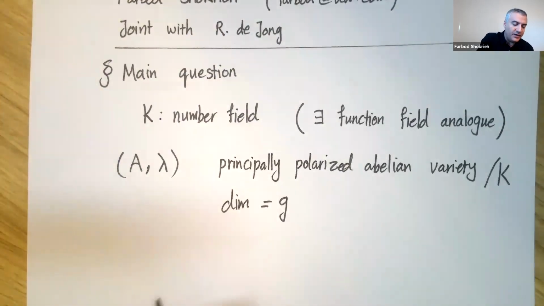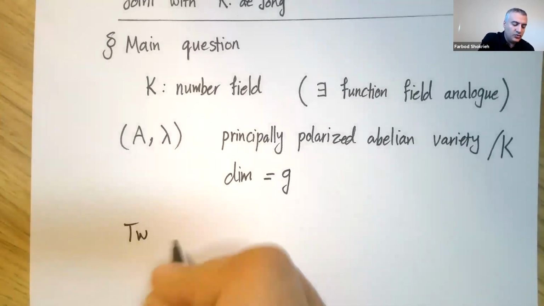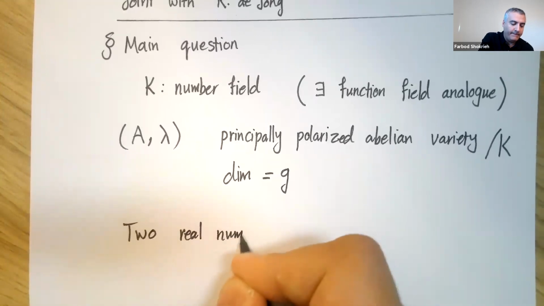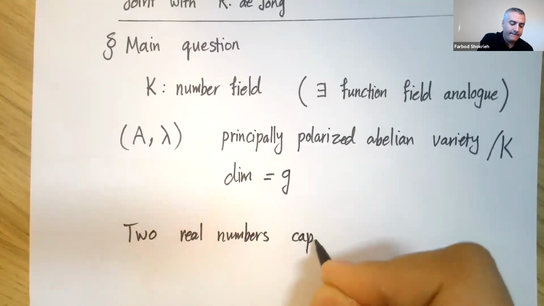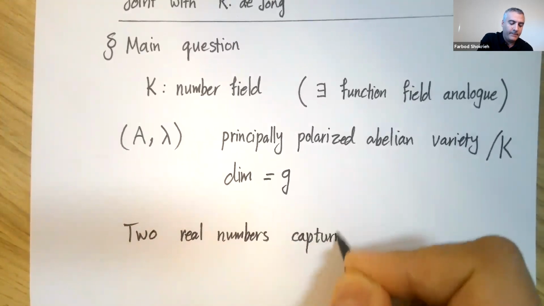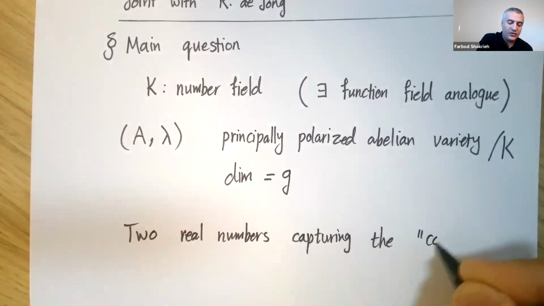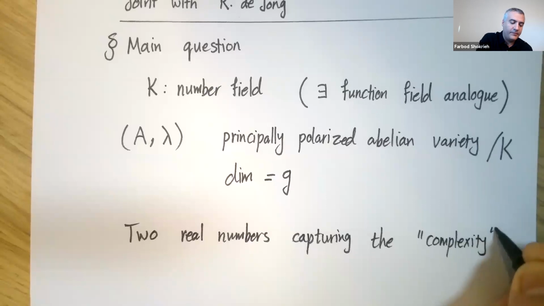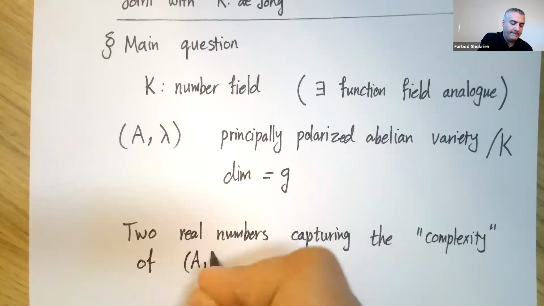And there are two real numbers capturing the complexity, geometric or arithmetic complexity, of A, of this pair.